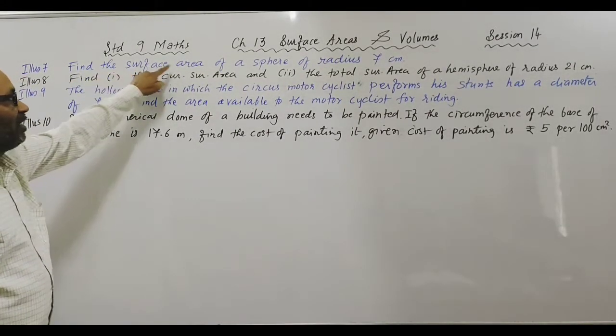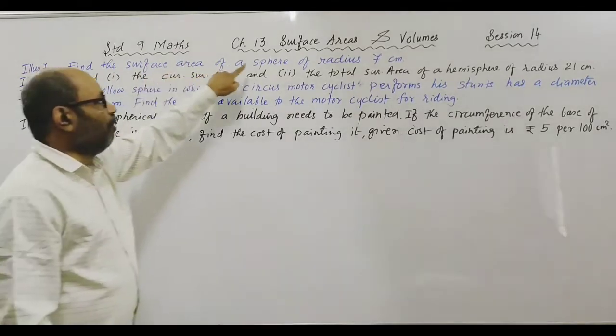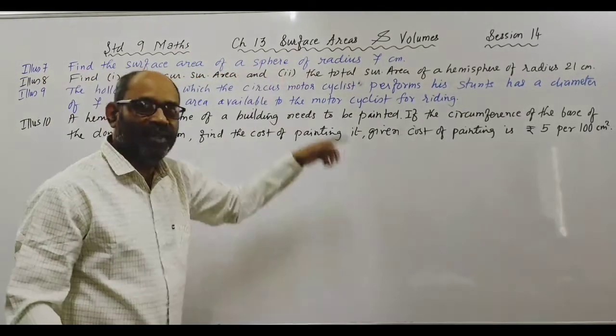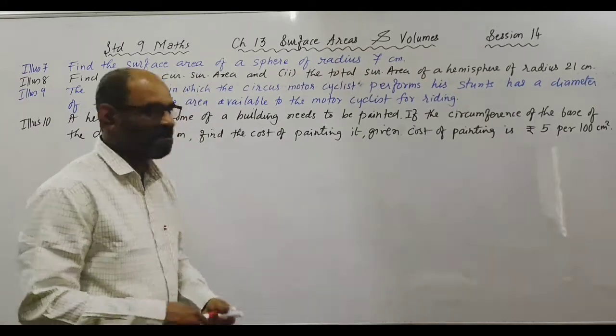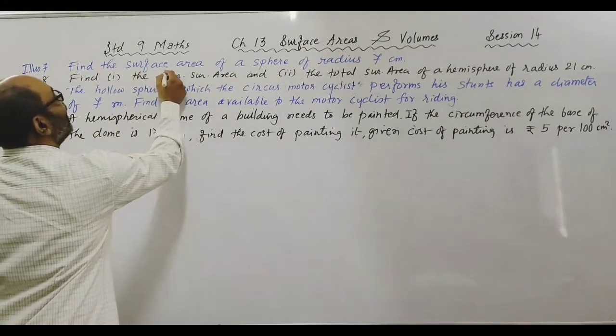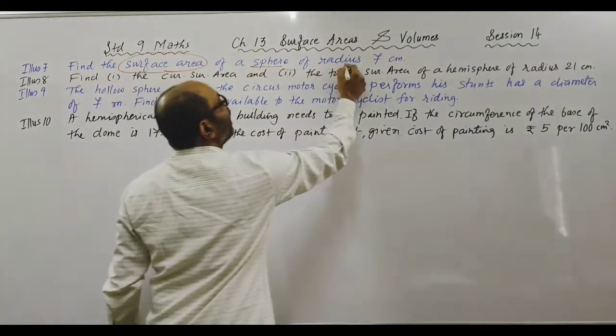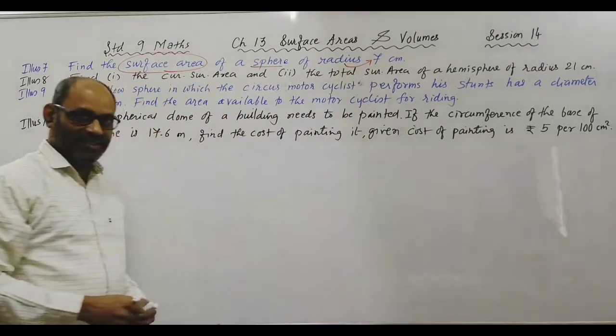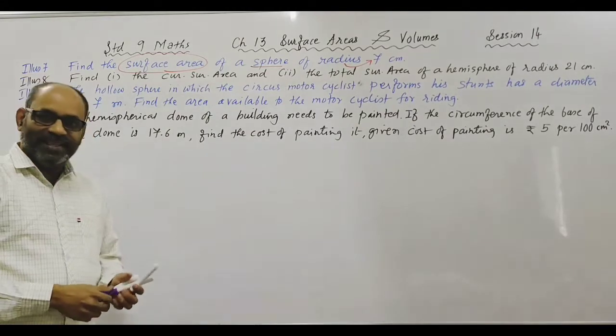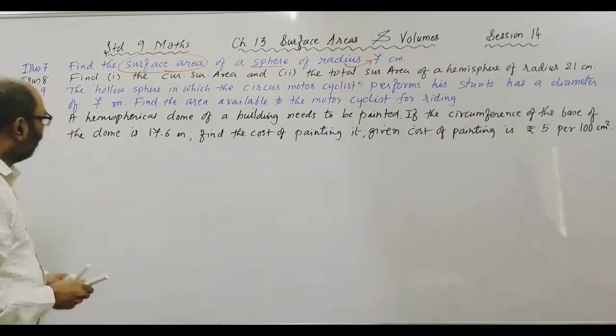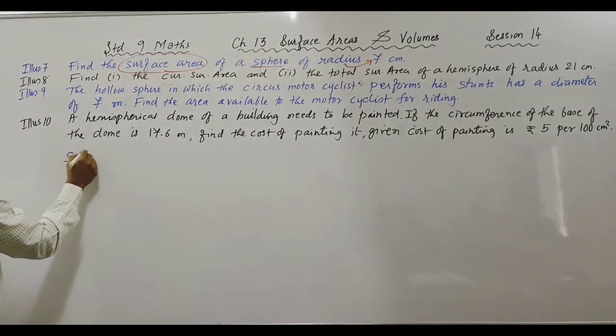So here is the question. Find the surface area of a sphere of radius 7 centimeter. Quite easy, children. Solution.